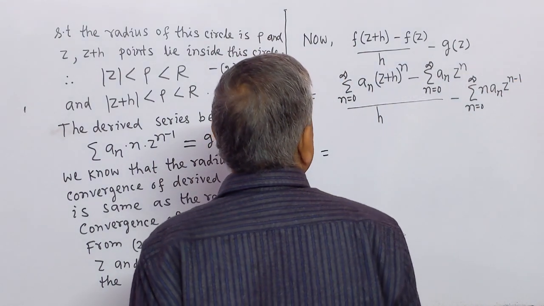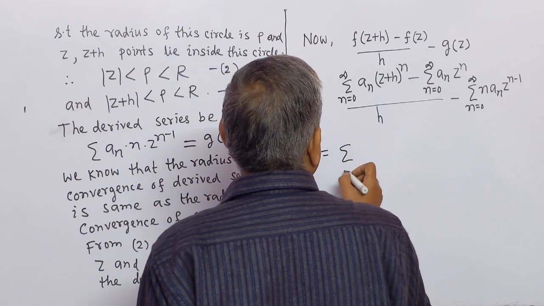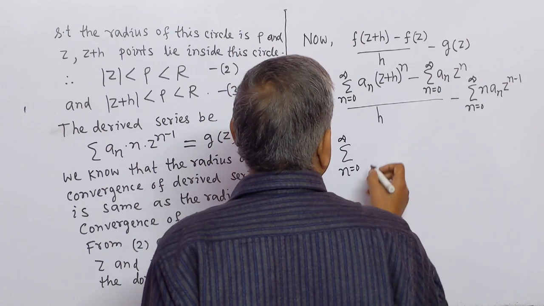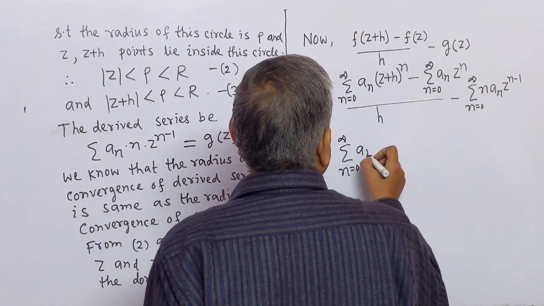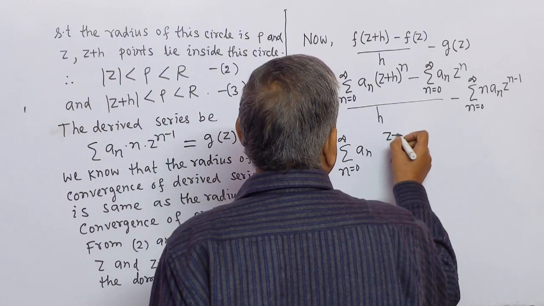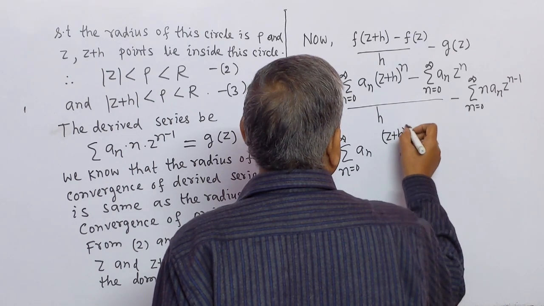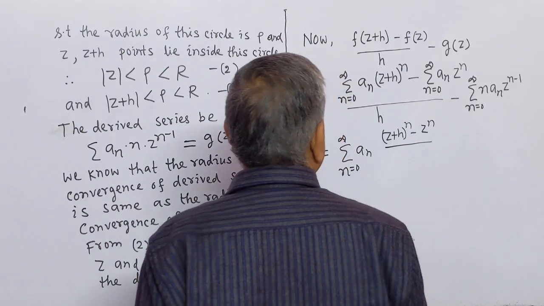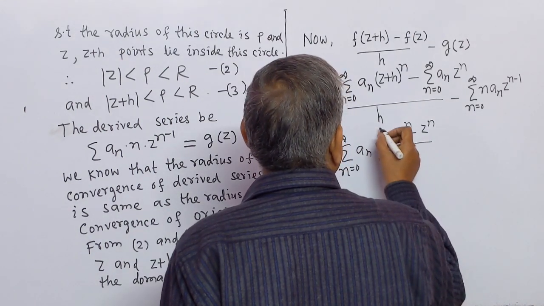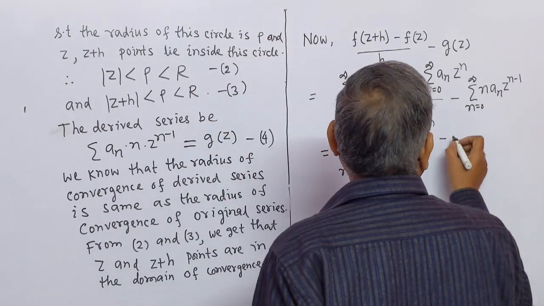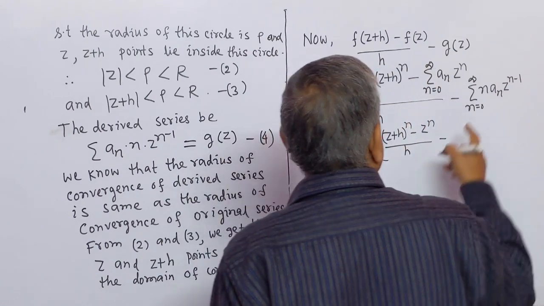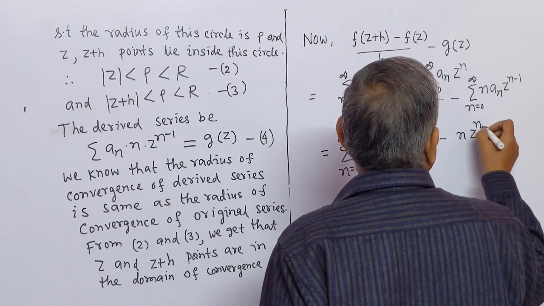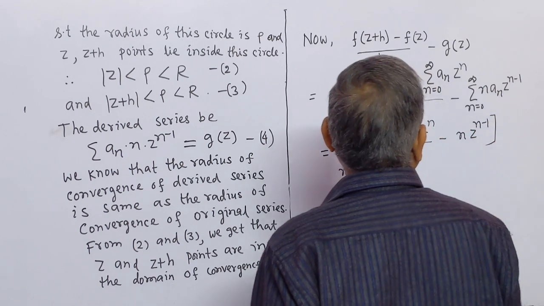and this will be equal to sigma n equal to 0 to infinity a_n ((z plus h) to the power n minus z to the power n) by h minus n z to the power n minus 1.